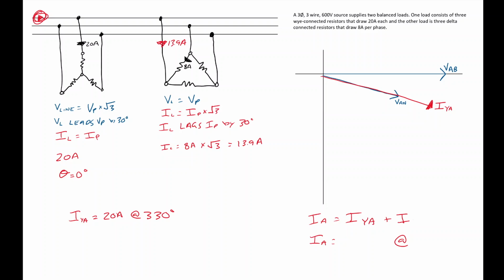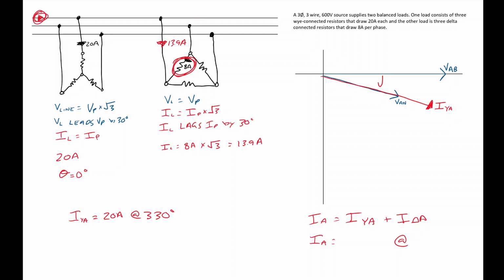plus I delta A. So now I want to do angle. The next thing I know is that my phase current here was 8 amps, right? My phase current of 8 amps was through a resistor, which means it would be in phase with the phase voltage. So that would really put it here on my horizontal, in phase with that voltage. But we know that the line current lags by 30.